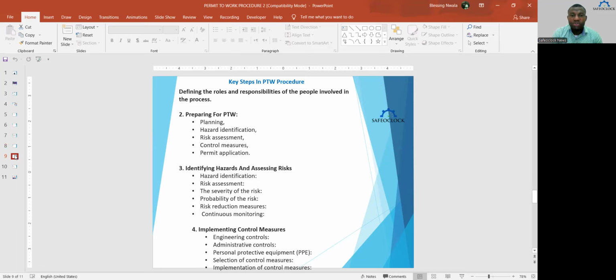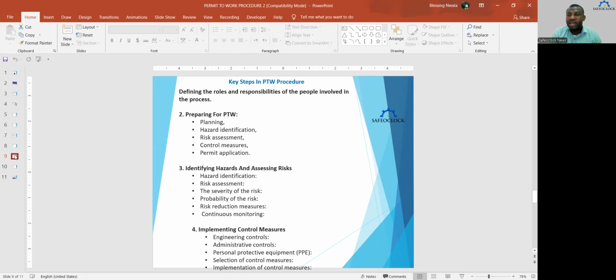Before a permit is issued, or to ensure an effective permit to work procedure, there are certain things that should be in place. Before the permit is requested, there should be proper planning, identification of hazards, and risk assessment, risk controls should be implemented, and then the permit is applied for. While identifying the hazards, the severity of the risk should be properly assessed.